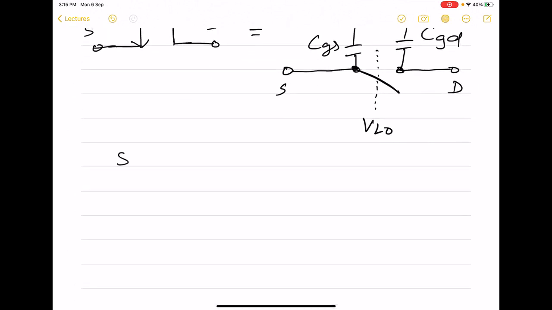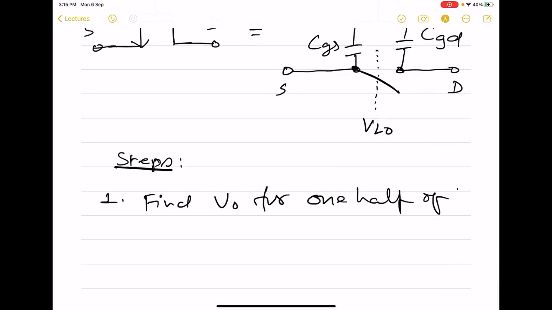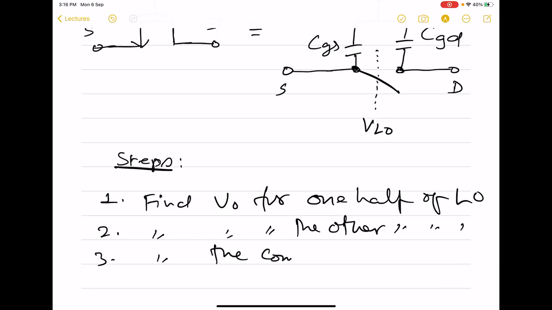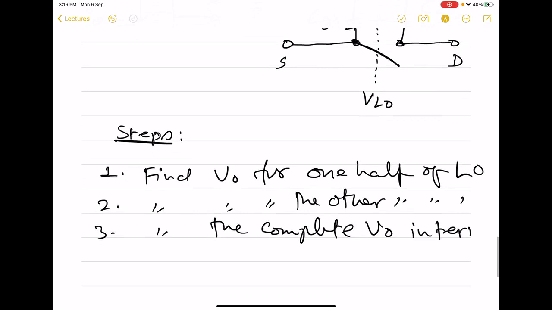So steps that we will be following is first find VO for one half of LO, then find VO for the other half of LO, and then find the complete VO in terms of VRF.